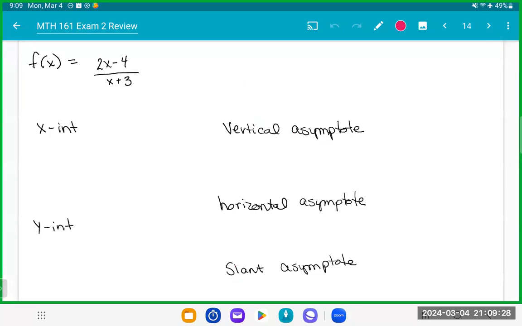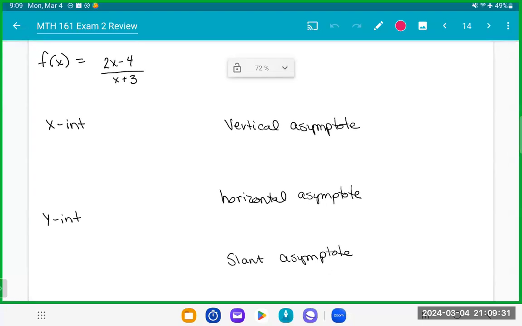So this next problem, if you were to graph it, we can see that the exponent is equal in the numerator and the denominator. So our y is equal to 2 over 1. So we have a horizontal asymptote at y equal to 2. Our vertical asymptote occurs when x equals -3 because that's what makes our denominator undefined. And if I have a horizontal asymptote, I will not have a slant asymptote.